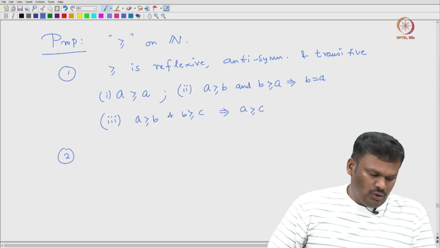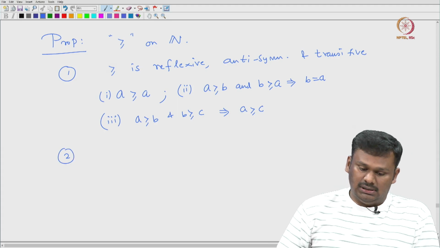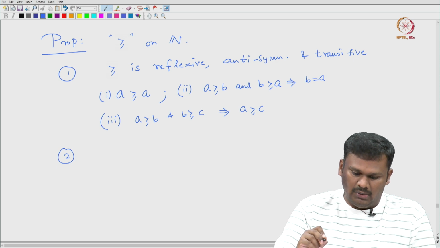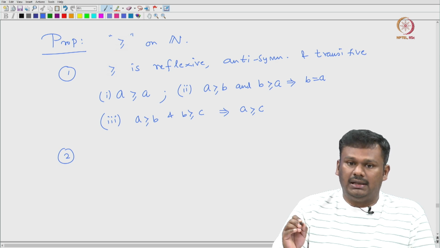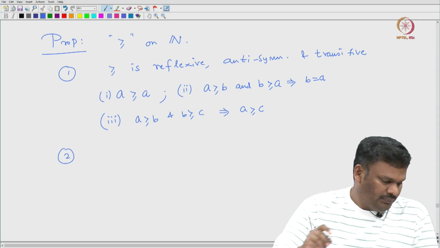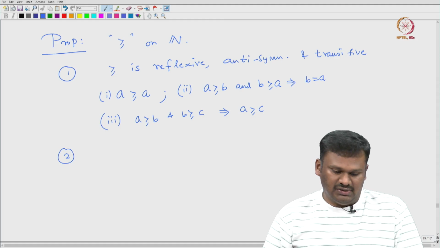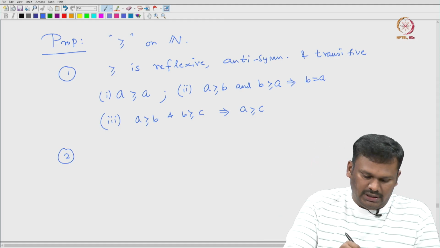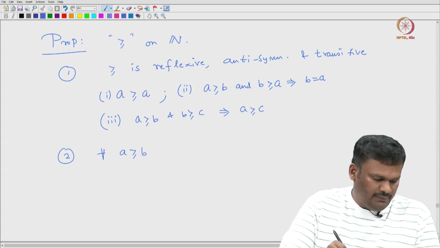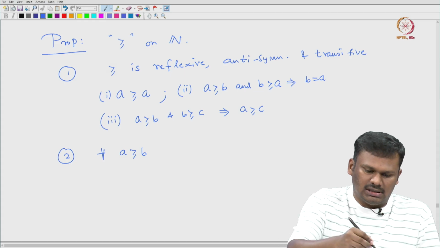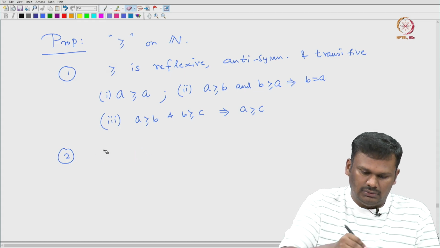I am going to just check one or two properties that are satisfied by this order and basic operations on N, and the remaining things I am going to leave it to you to check. The second property is that the addition indeed preserves the order. Okay.